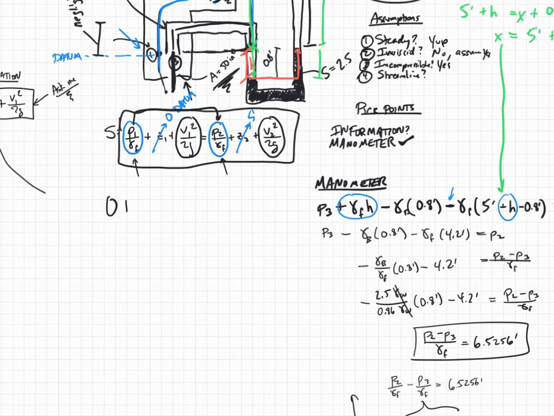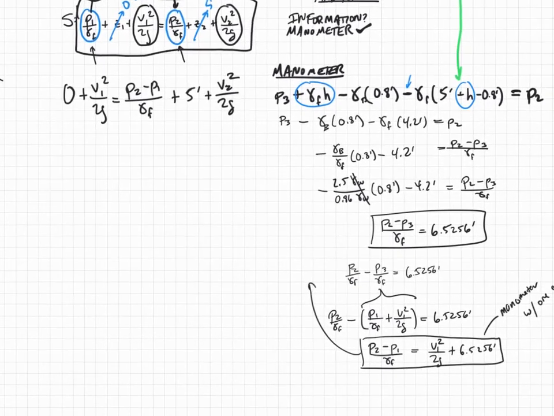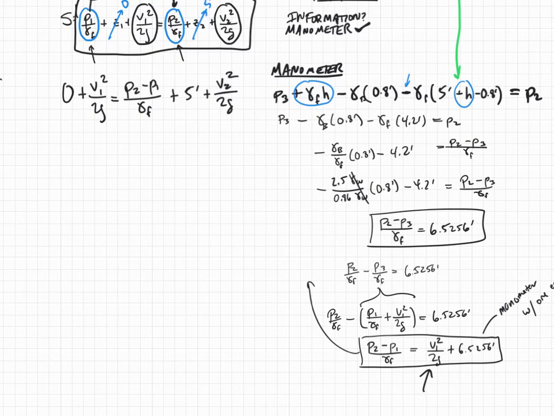So let's rewrite this as 0 plus V1 squared over 2G equals P2 minus P1 over gamma F plus 5 feet plus V2 squared on 2G. P2 minus P1, we know what that is over here. So I'm going to say V1 squared on 2G, no need to write that 0, equals V1 squared on 2G plus 6.5256 feet.